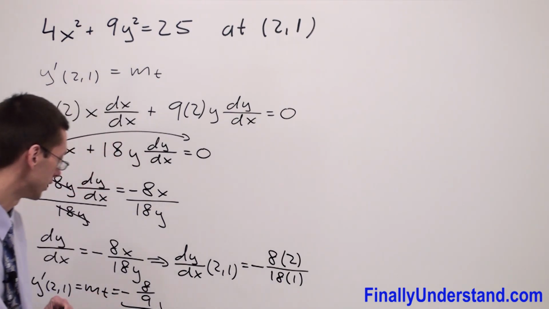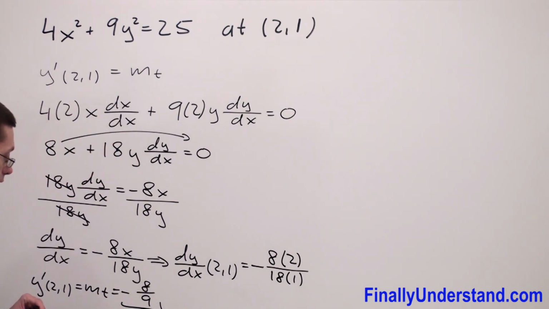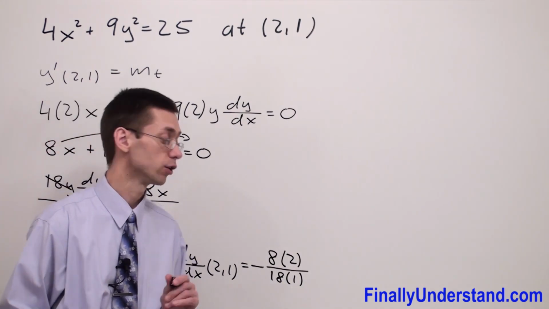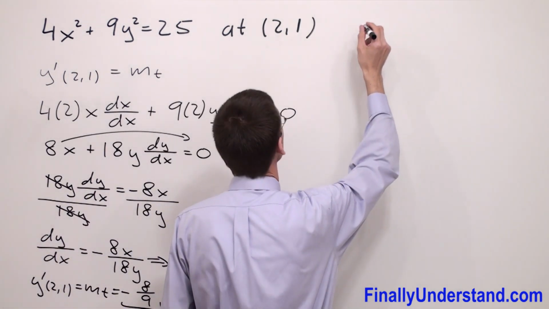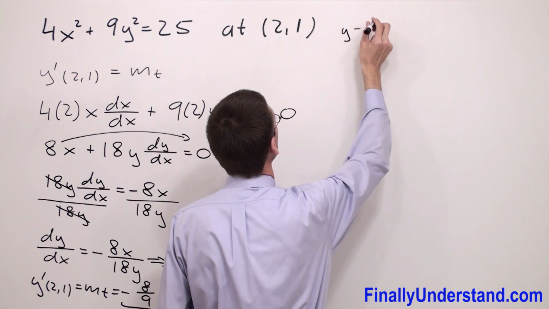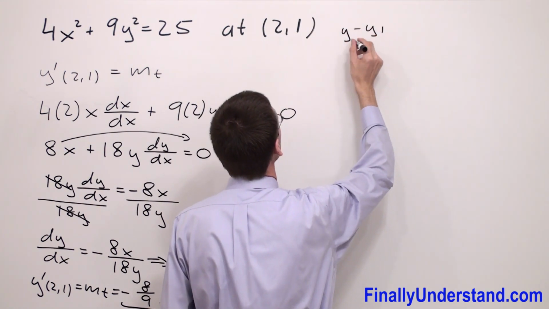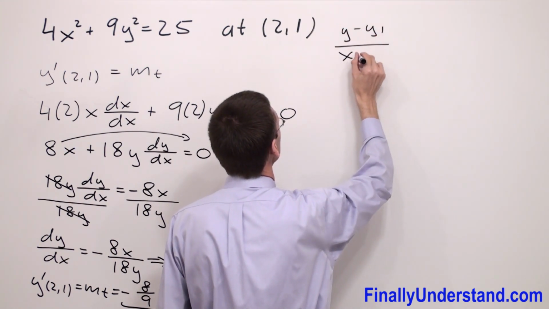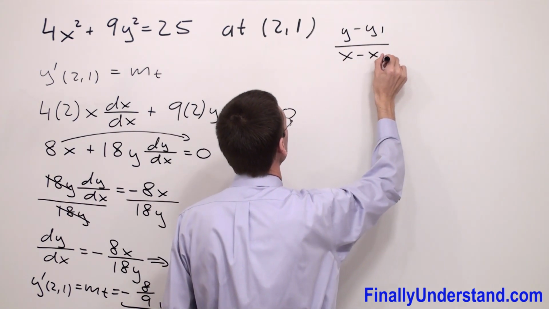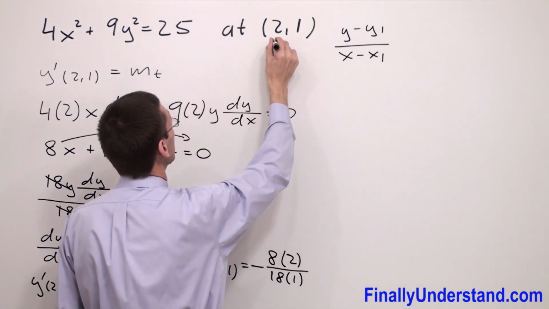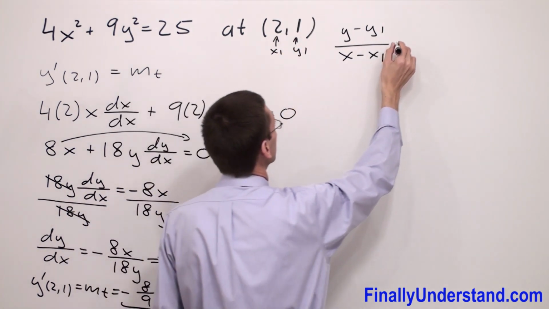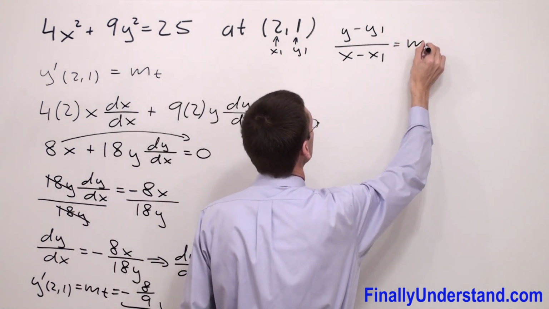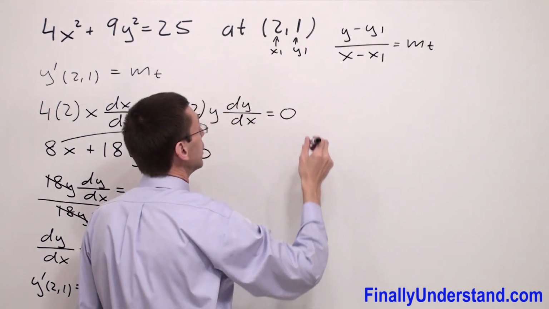In order to find the equation of my tangent, I'm supposed to simply use the point-slope form. So I have (y minus y1) over (x minus x1). Let me remind you that this is my x1 and this is my y1, and this is equal to the slope of the tangent.